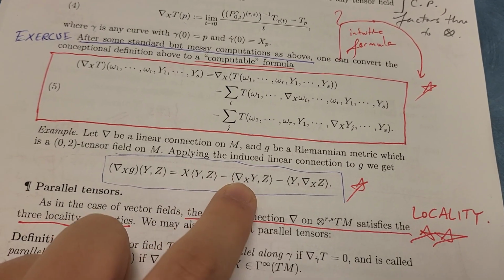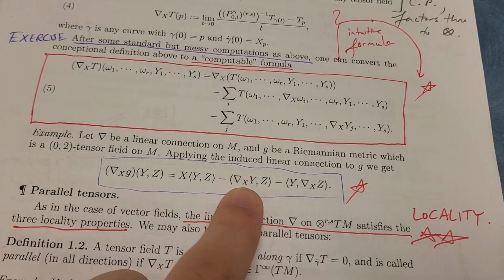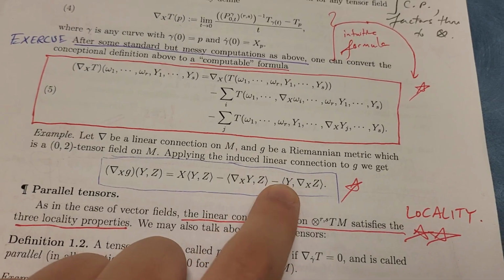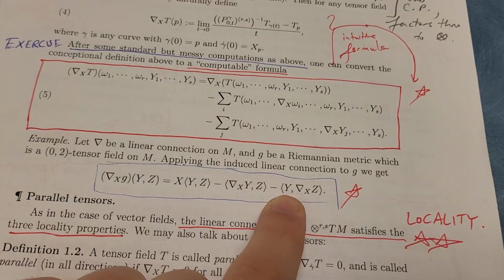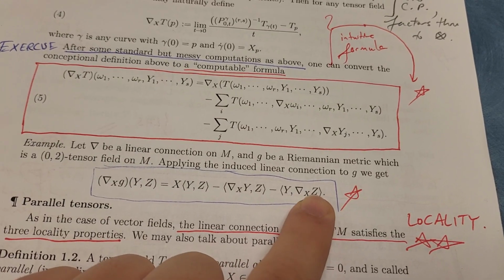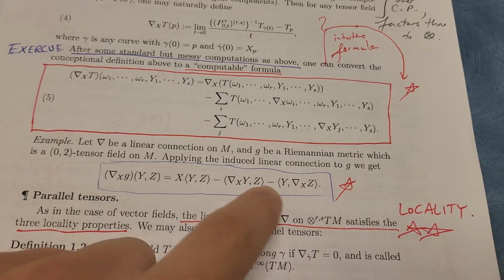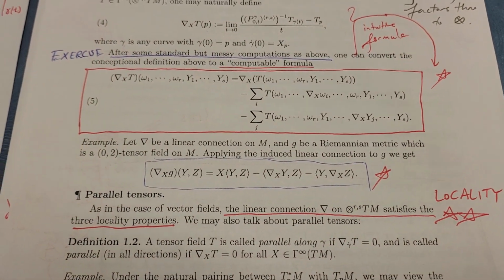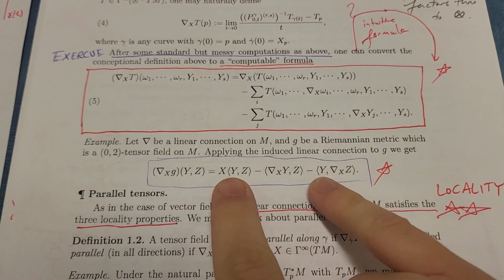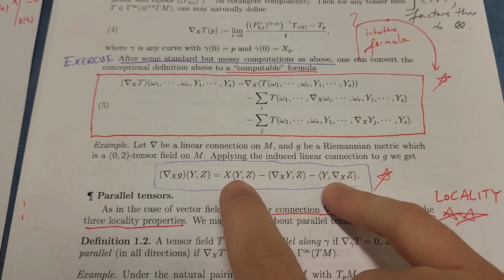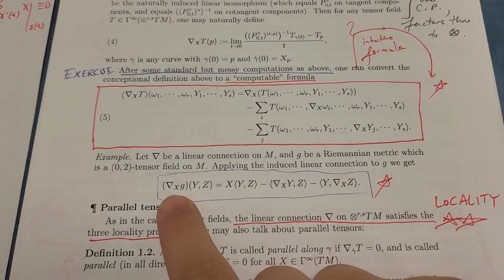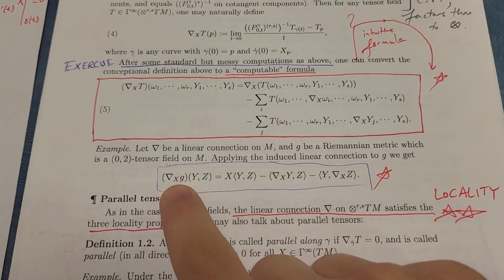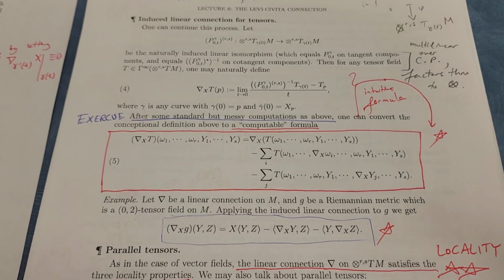Then we subtract g of nabla x of the first component and leave the second component, and we subtract g of the first component and then nabla x of the second component, okay? And notice here that, interestingly enough, if we set this identically equal to 0, we get the metric compatibility condition, okay? So setting the covariant derivative of the metric identically equal to 0 is the condition for metric compatibility, which we're going to talk about later.